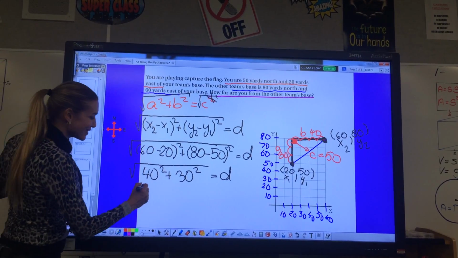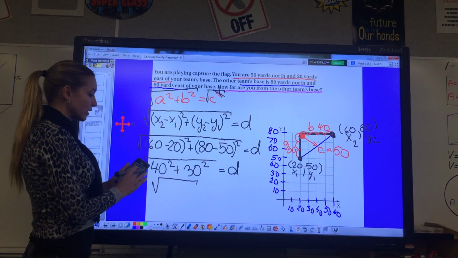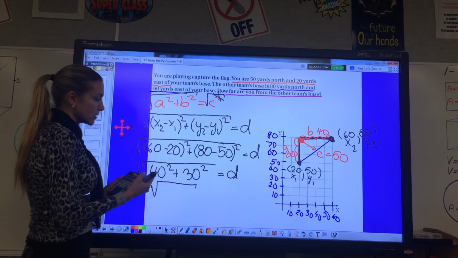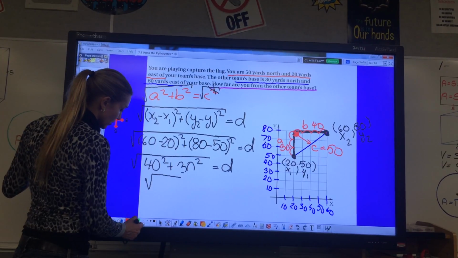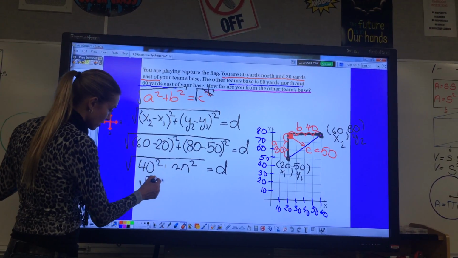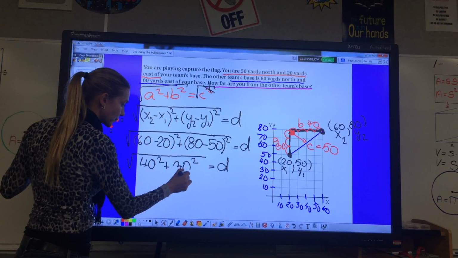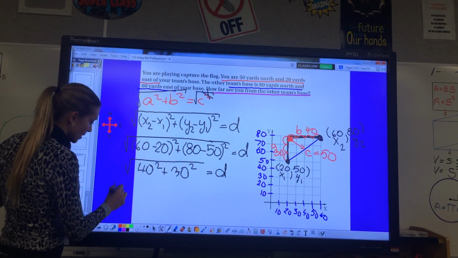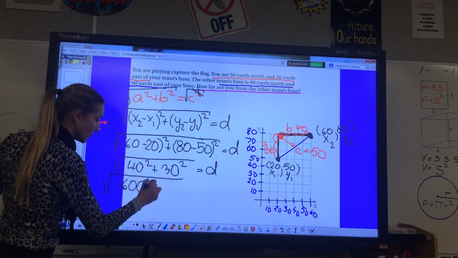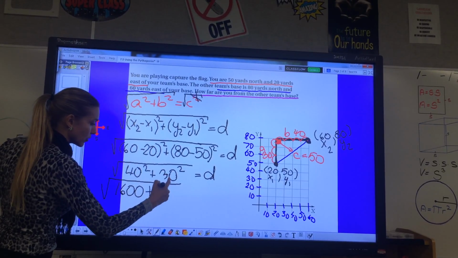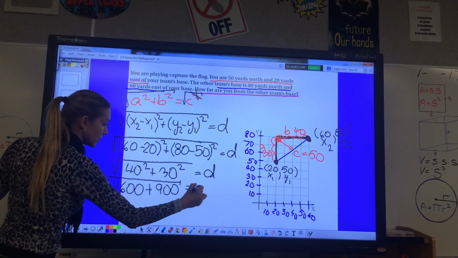Order of operations says, take care of your exponents. So 40 squared, right? So 40 times 40 is 1600. We all should know that by now, so I don't think I have to show you how to do that on a calculator that much. So I've got 1600 plus 30 squared is 30 times 30, which is 900, equals my distance.